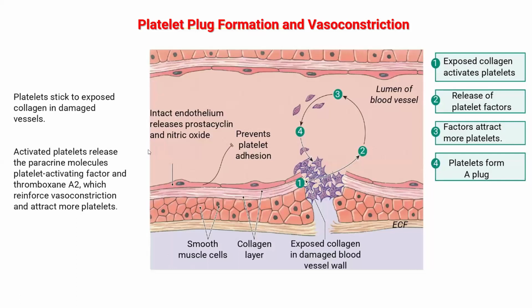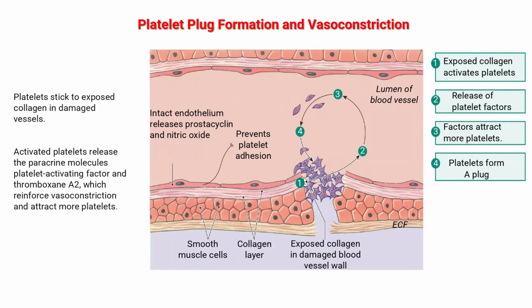So I have this opening here, and exposed collagen activates platelets. As I said, the first thing is vasoconstriction. This is the endothelium, the inner lining of blood vessels, and platelets stick to the exposed collagen in damaged vessels.